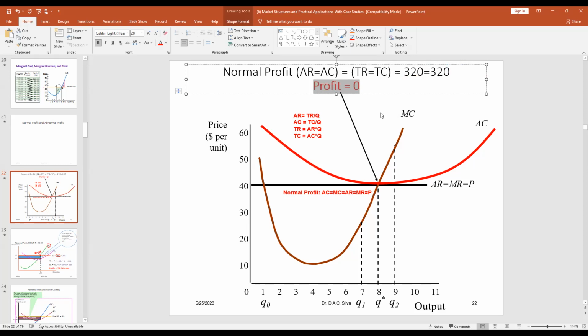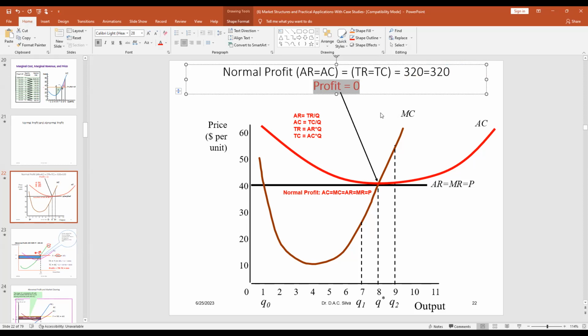Even though profit means 0, there is no abnormal profit. If there is a more plus value, then we call that abnormal. Normal profit is the payment given to the entrepreneur who is risk taking. That is the long run profit. We can say in the long run the profit level is 0.